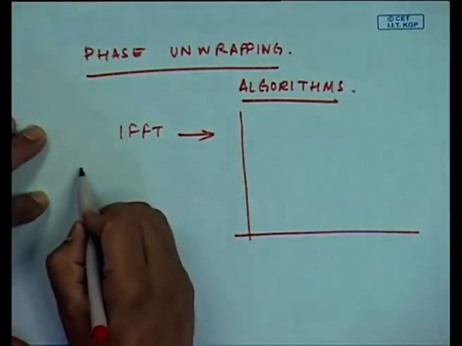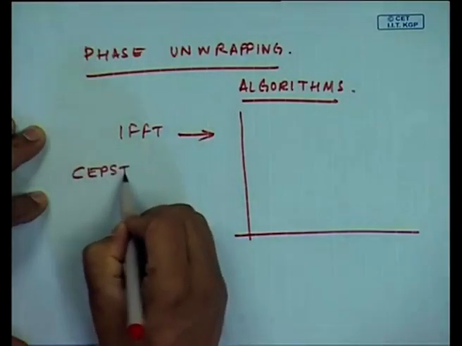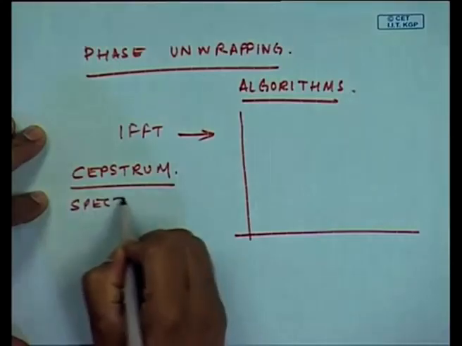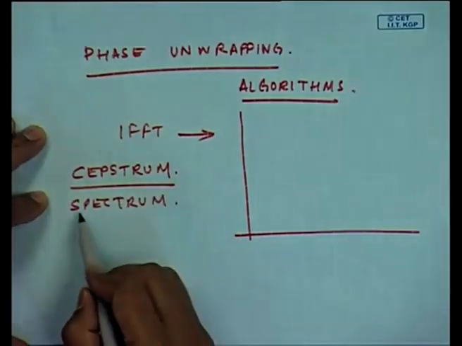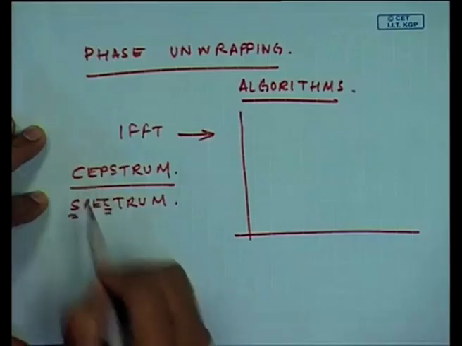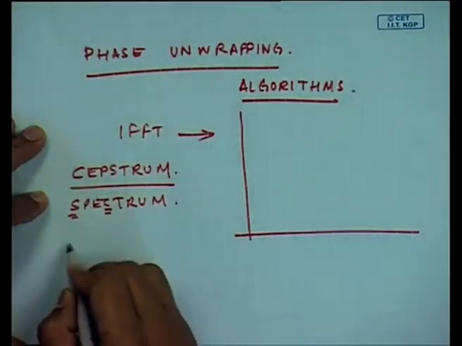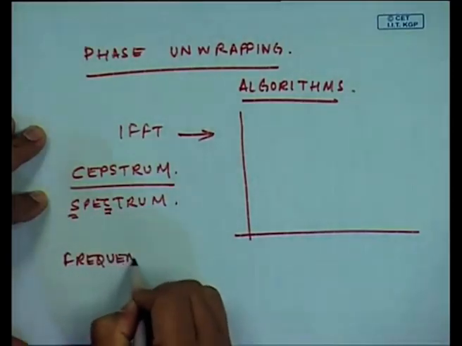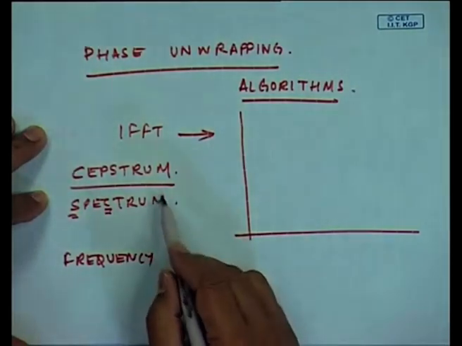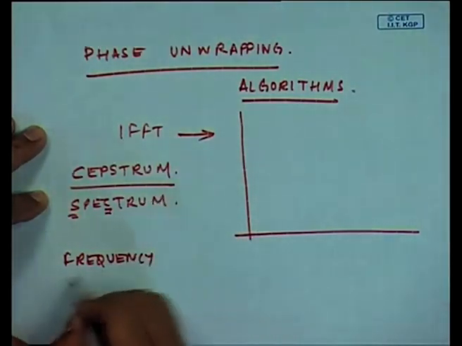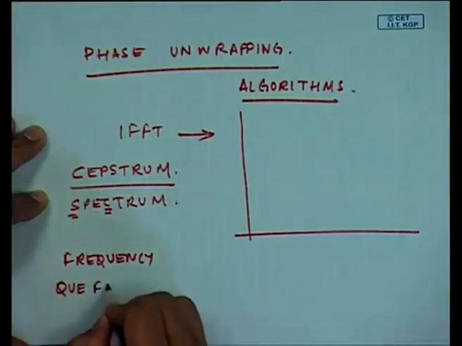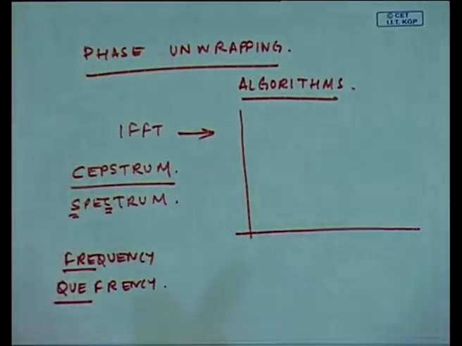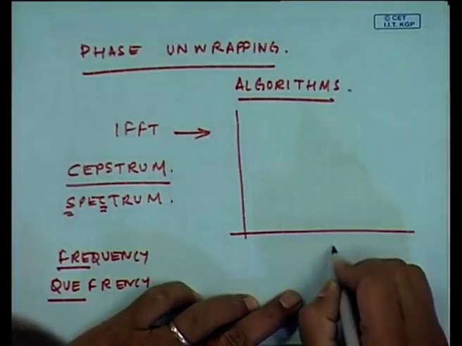If you look at Cepstrum, the way it comes, it is just the spectrum with the C replaced by S. When we had frequency as the x axis in the spectrum, here it is known as the Q frequency. So, I will get different Q frequencies here.